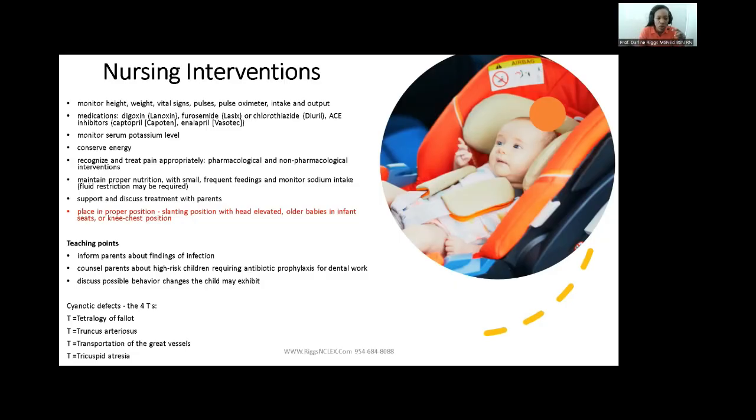Okay, and test question. Any child or adult with cardiac anomalies or history of cardiac problems, you'll hear me say this over and over and over again. Whenever this client, for the rest of their lives, needs to have dental work or procedures, surgeries that involve the bloodstream, they need to be on prophylactic antibiotics.